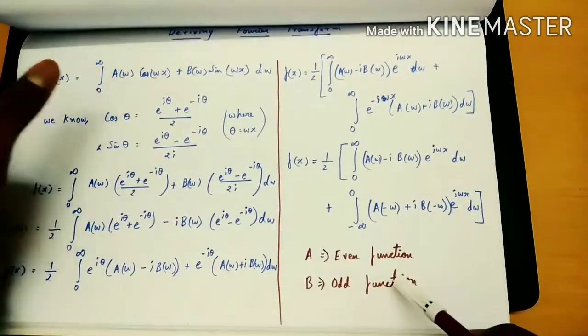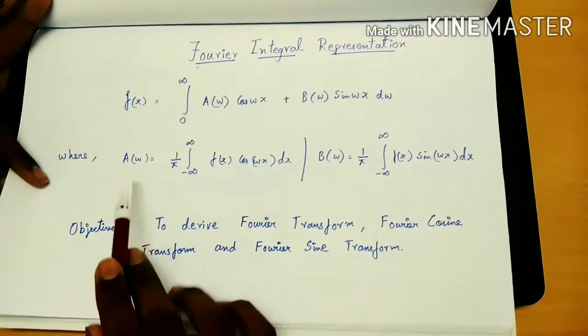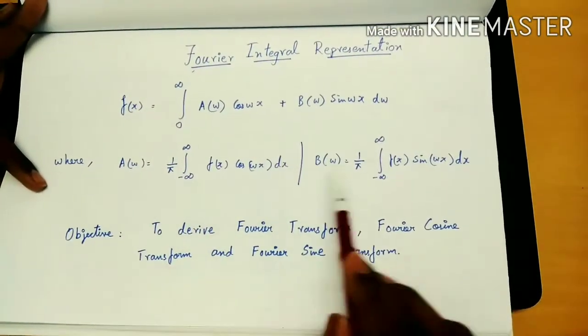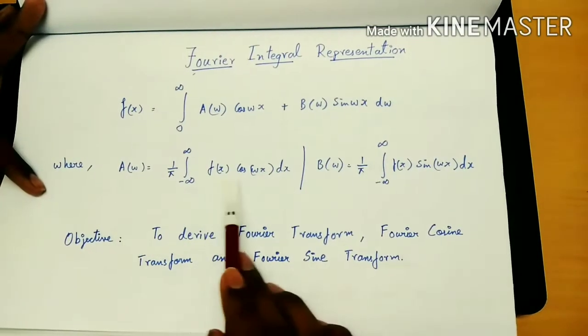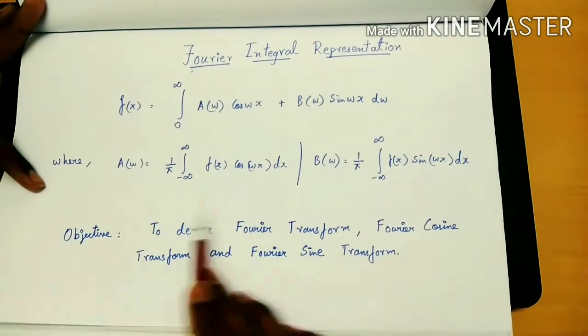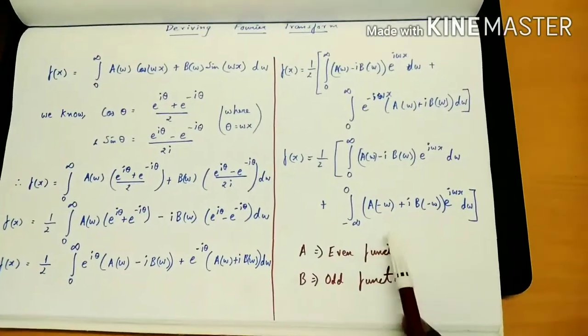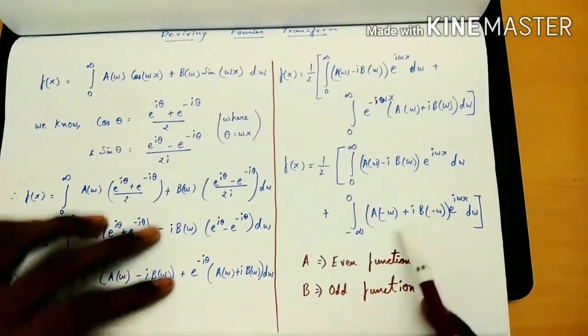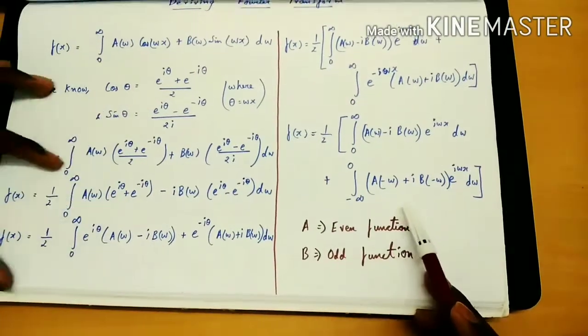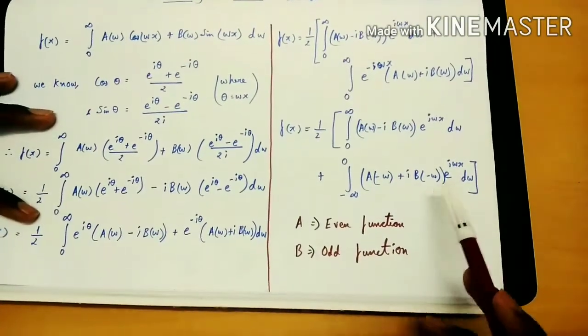Now coming back to the actual functions a omega and b omega, we find that a omega is equal to the integral of f of x cos omega x. So a omega is an even function and b omega is an odd function. So a of minus omega will give us a omega, and b of minus omega will give us minus b omega.